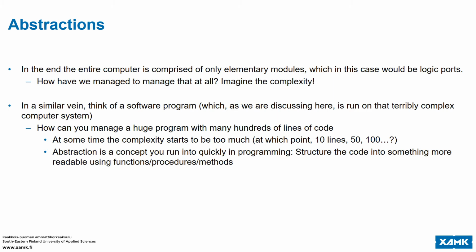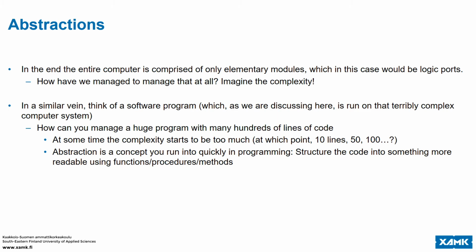In a similar vein, think of a software program that is run on this terribly complex computer system. How could you manage something like a huge program with hundreds of lines of code? At some point, there is going to be too much complexity. At which exact point depends on the programmer and program. Sometimes it's after 10 lines of code, maybe after 50, definitely some point after 100 lines of code.